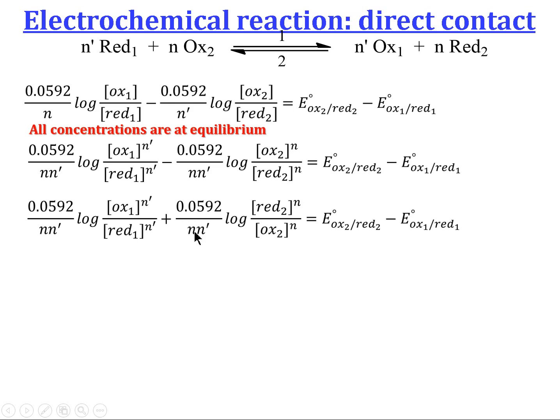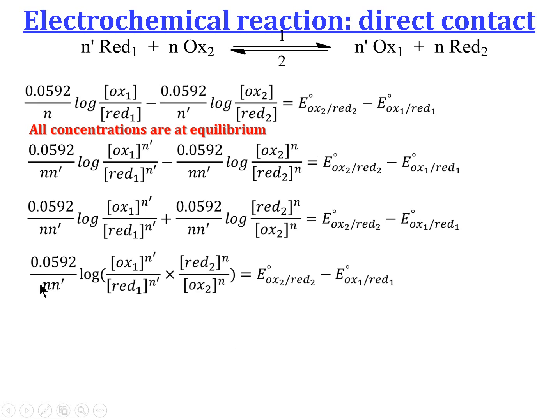So plus 0.0592 divided by n n' log Red2 divided by Ox2 to the power n, and all concentrations are at equilibrium, equal to E0 Ox2/Red2 minus E0 Ox1/Red1.